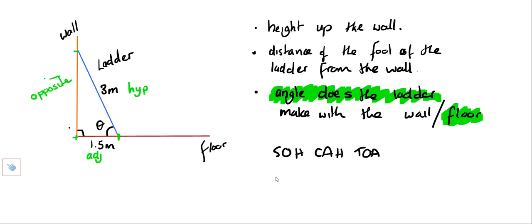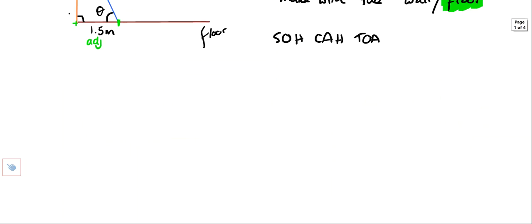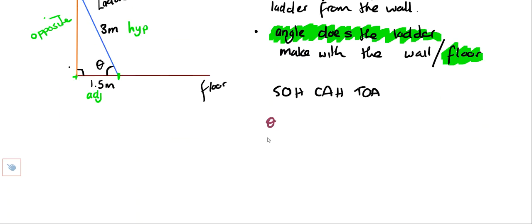Okay, so I'm going to write theta, opposite, adjacent, hypotenuse. Again, do or don't, up to you. Theta is what I want to know. Call it x if you like. The opposite side, I don't know, don't care. The adjacent side is 1.5 and the hypotenuse is 3.